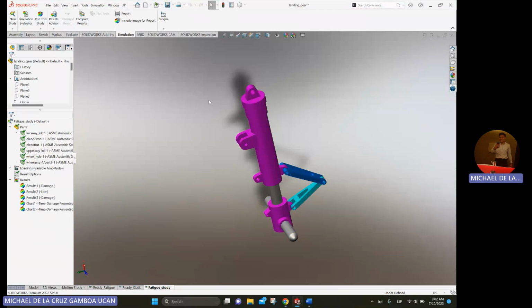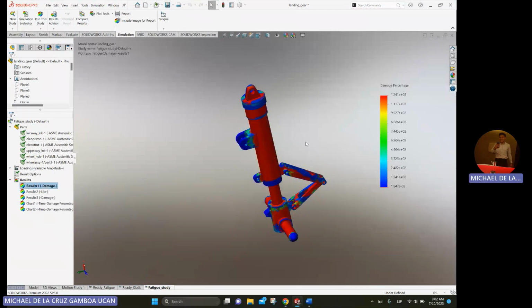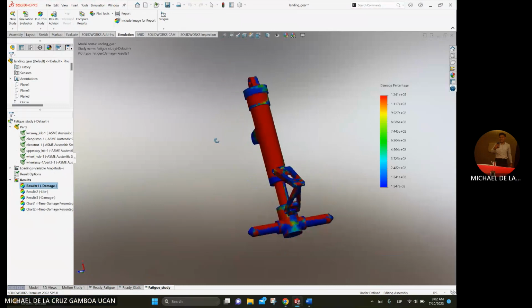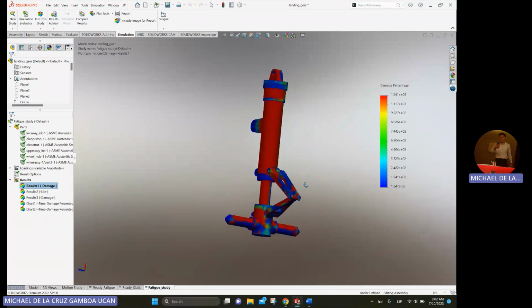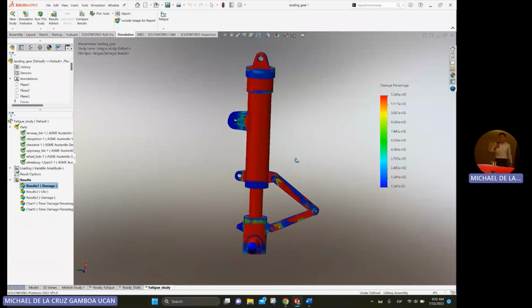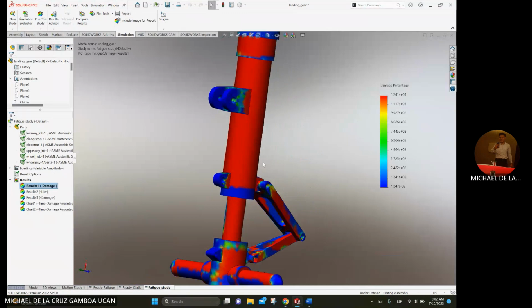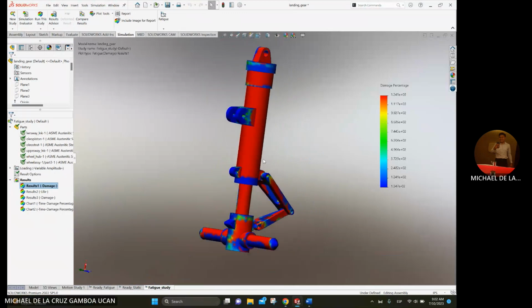For this, we can see the first graphic. It results in damage. Okay, we can see in color red the most damaged part of the piece. And in this graph we can see the life.